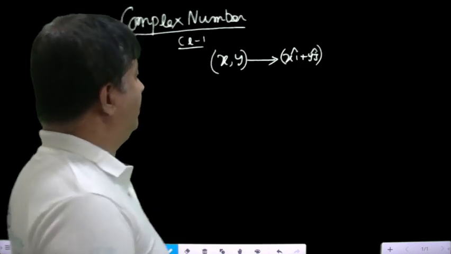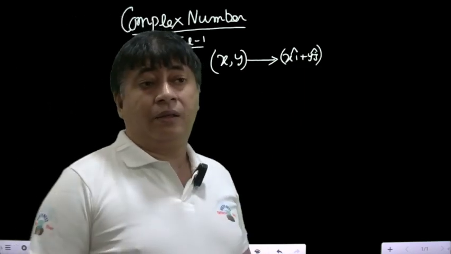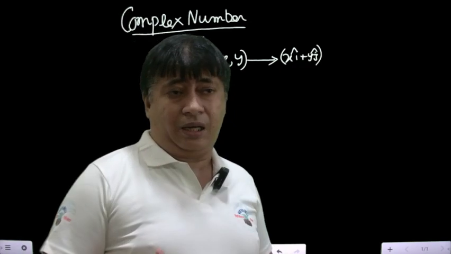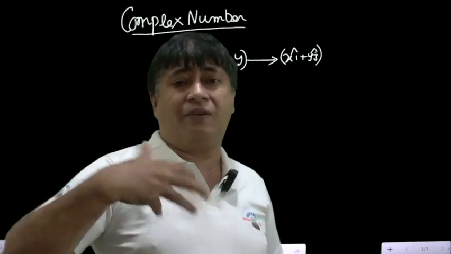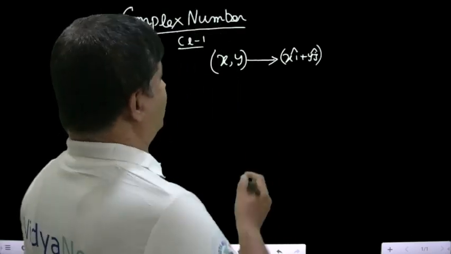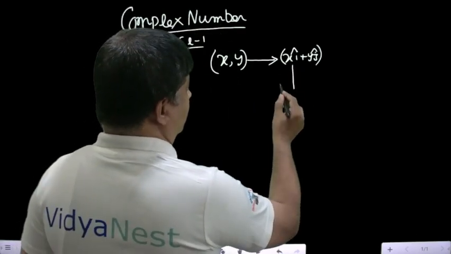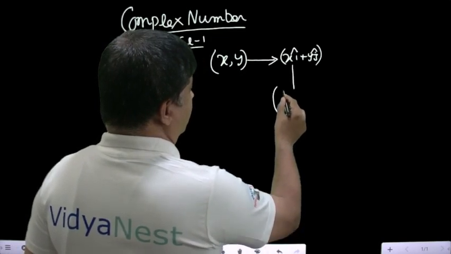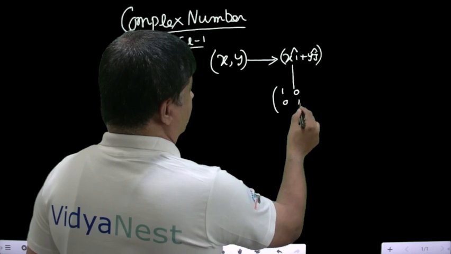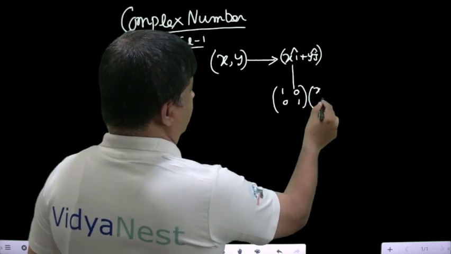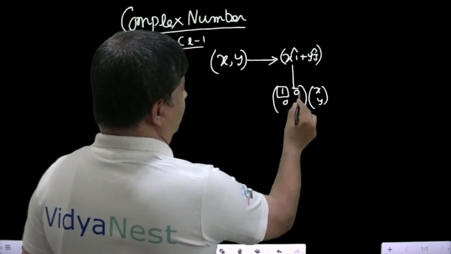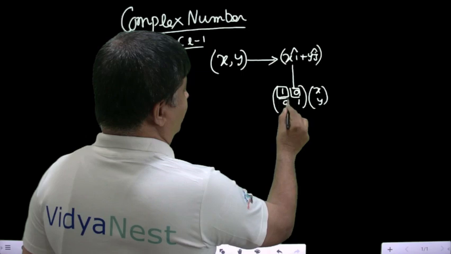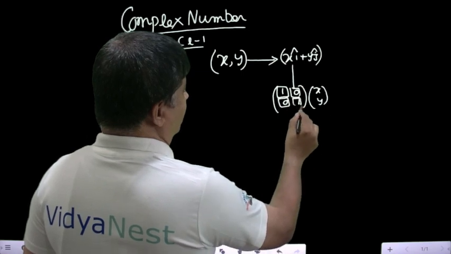Okay. Now, vector's advanced version is matrix. Here, we can allocate the points in a chamber.